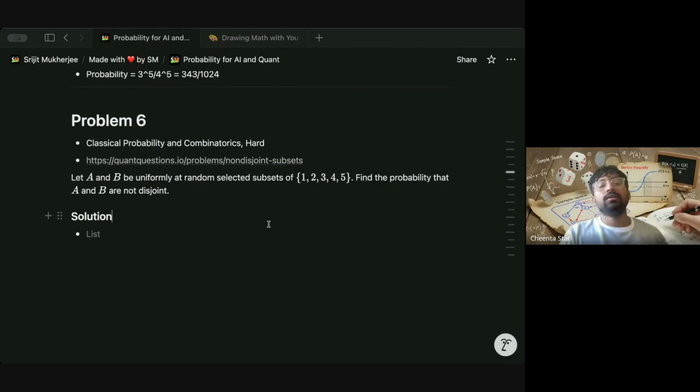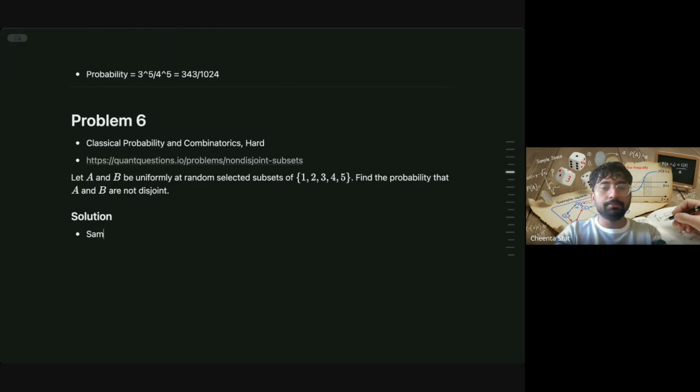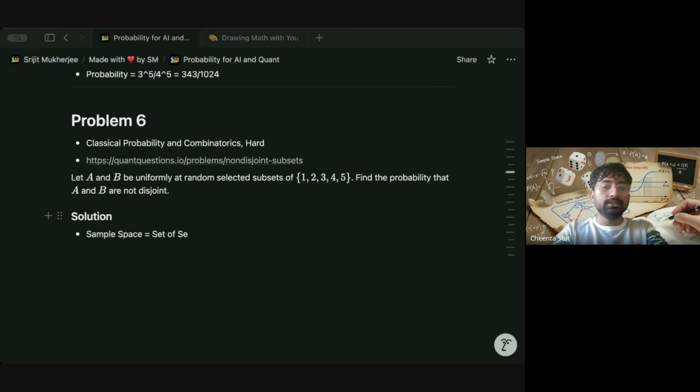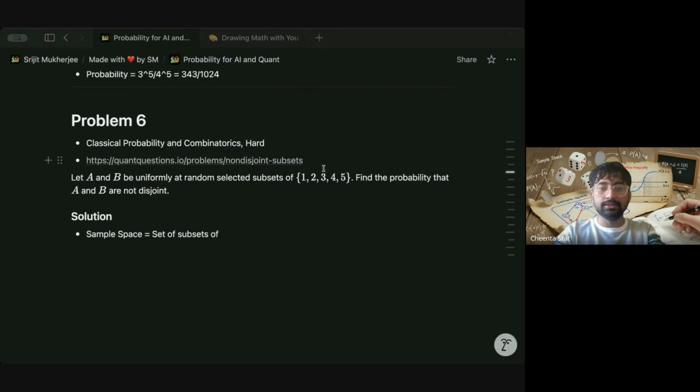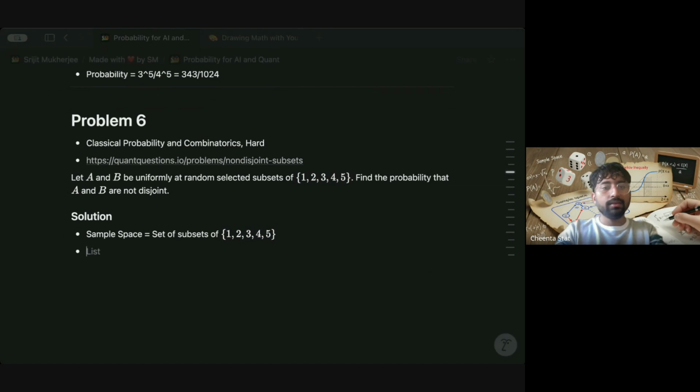Let's write the sample space here again. The sample space is the set of all subsets of this set, and they're equally likely because it's uniform. So the probability is classical probability.